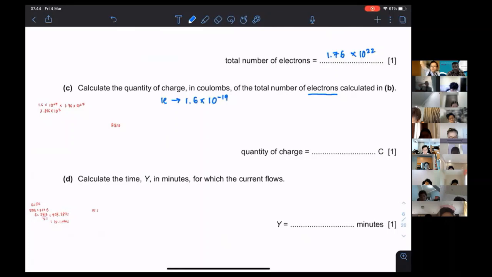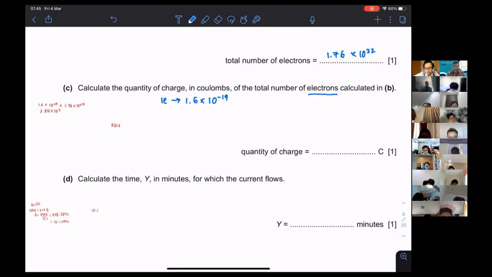All this information you can get from the data booklet, but for your syllabus, from now on, they are not going to give you the data booklet. You can look at these values at the end of the paper. At the end of the paper, they will give you the periodic table and important constants.